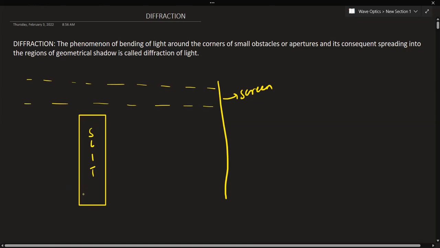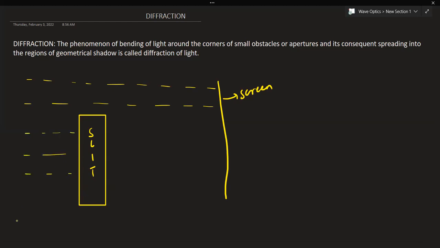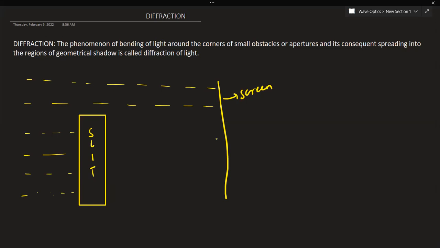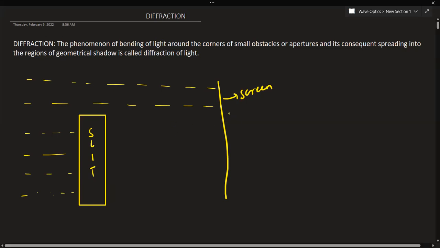But since this is an opaque object, the light should get blocked from it. Accordingly, what should we get? We should get a shadow on this portion where light is not reaching.